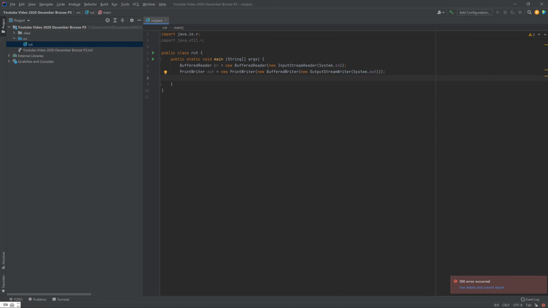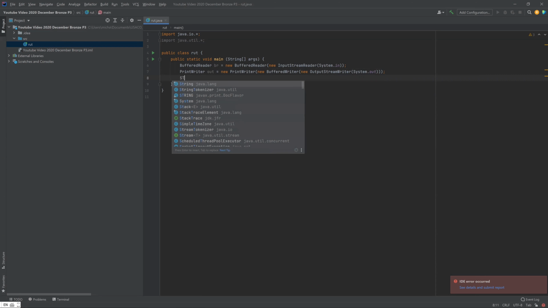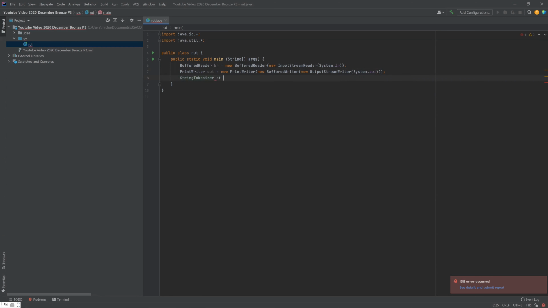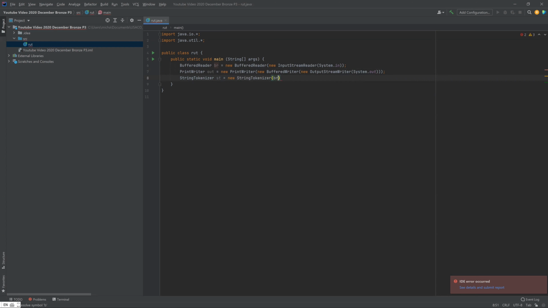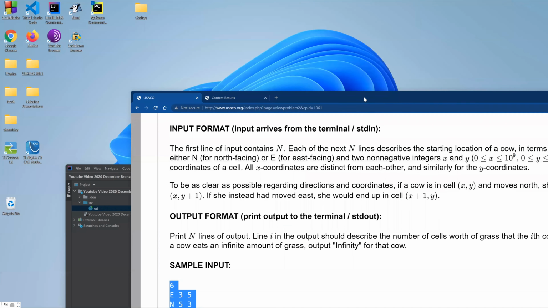Okay. Now we need to read in the input, right? So we need a StringTokenizer, new StringTokenizer, br.readLine. Oh wait, right, I need to throw IOException. All right, so let's go back to the problem.